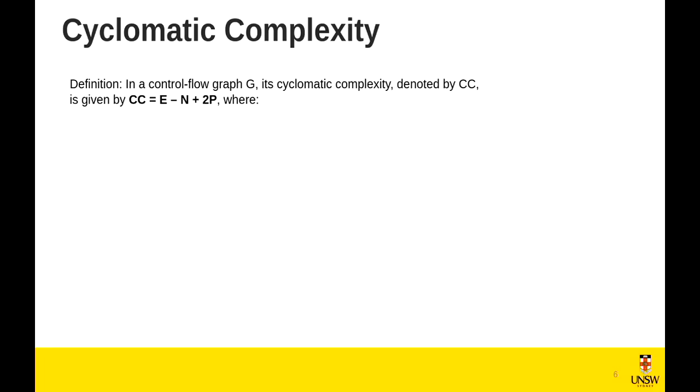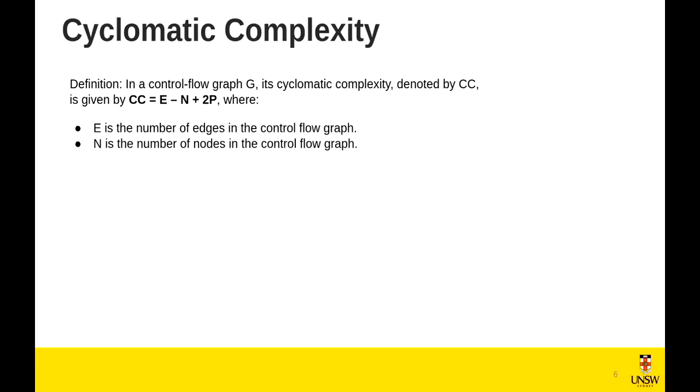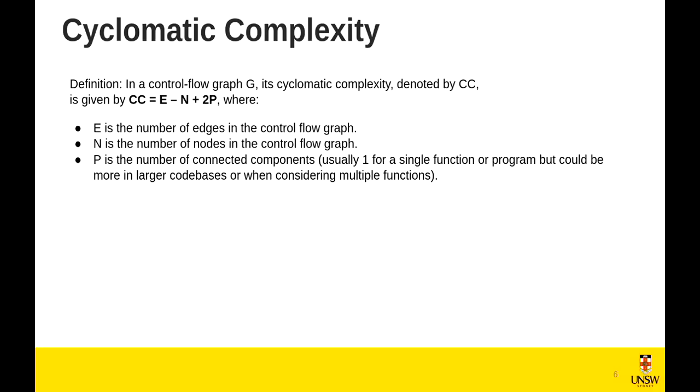In a control flow graph G, the cyclomatic complexity, denoted as Cc, is given by Cc = E - n + 2p. Here E is the number of edges, n is the number of nodes, and p is the number of connected components.